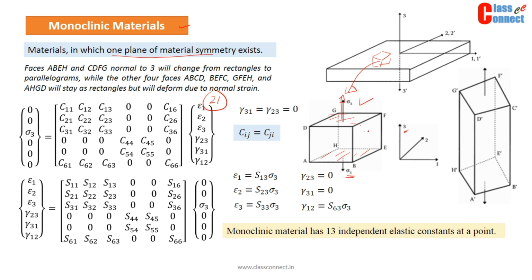It means there is no shear strain in this plane and in this plane. This plane is the 2-3 plane and this plane is the 1-3 plane. That is why the shear strains in these two planes are 0, and we have one plane of symmetry, and this reduces our elastic constants from 21 to 13 independent elastic constants at a point. Again, at a point is a very important phrase that we will be using in this complete analysis.